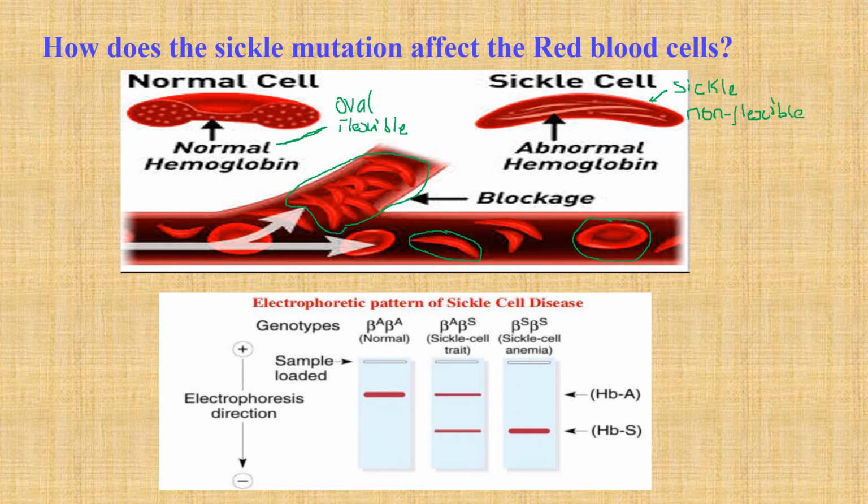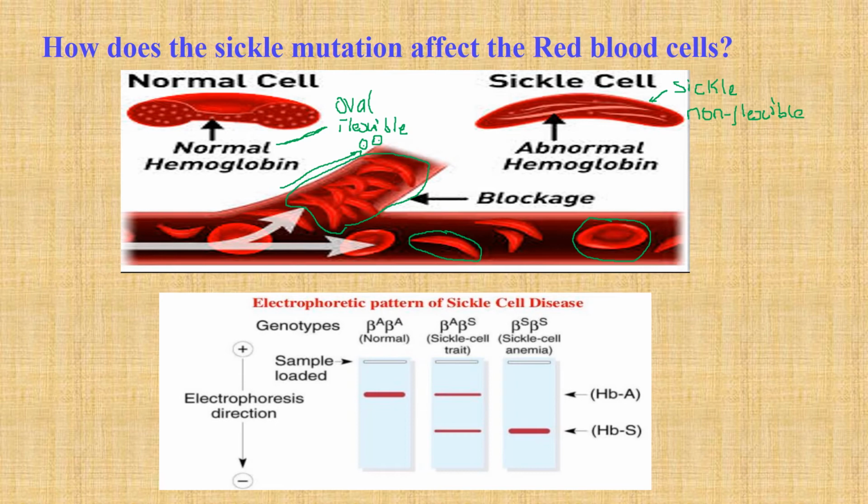These are small blood vessels. Because the sickle red blood cells are stiff, they will accumulate in the passages of blood vessels, therefore blocking oxygen from being supplied to cells found in this neighborhood.